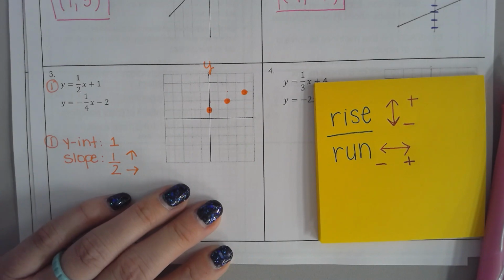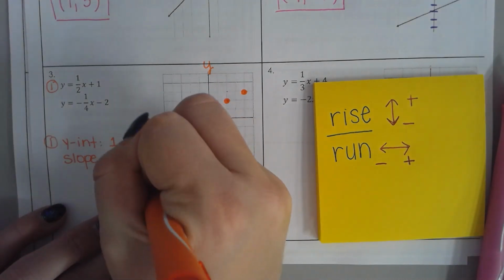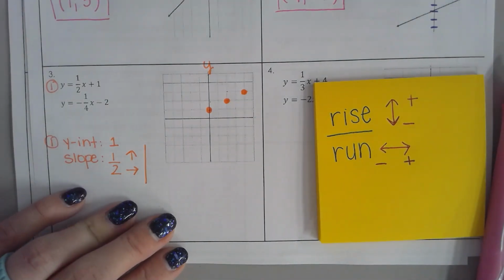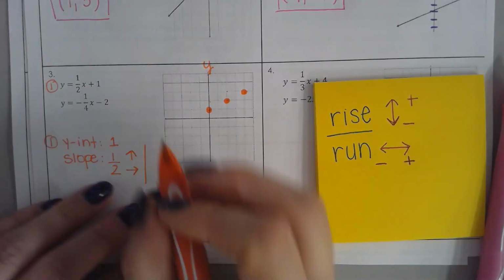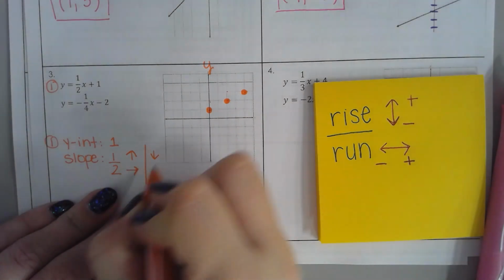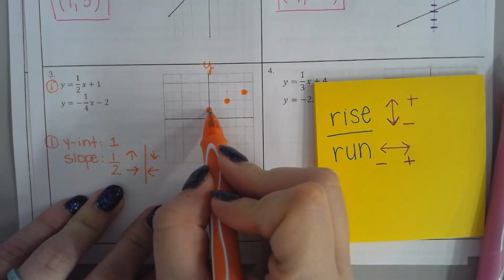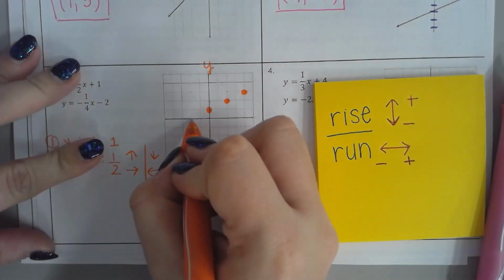Now you can also count, instead of going up and right, what you can do, and this will be necessary sometimes, you can change both arrows and still stay within the line. So instead of up, we can go down and left. So I can go back to my first point and count down 1, left 2.